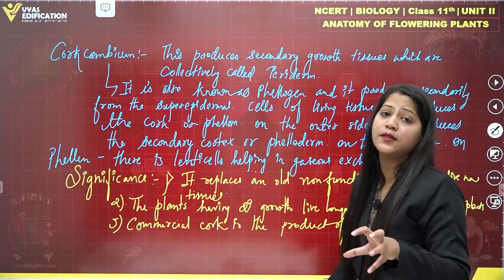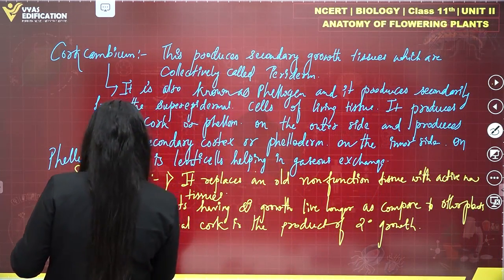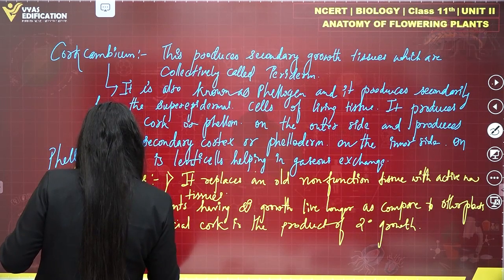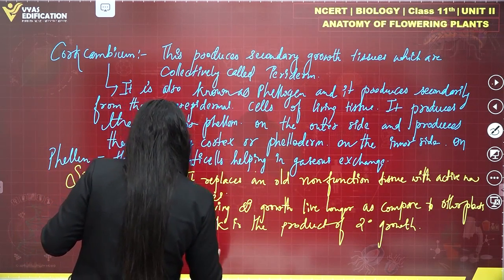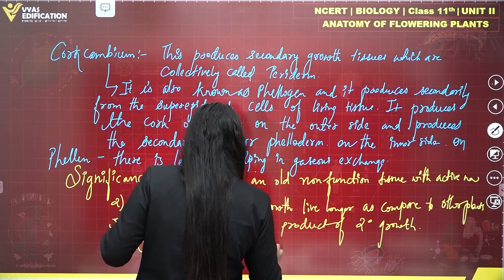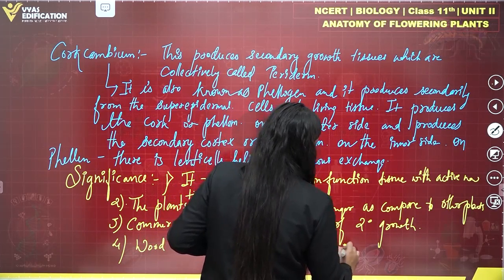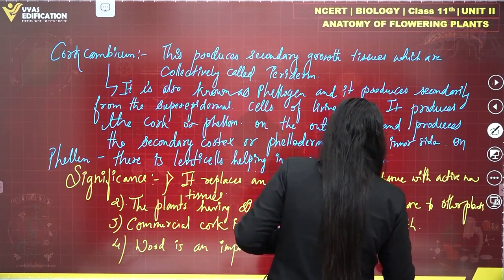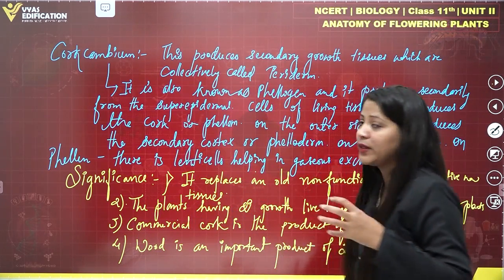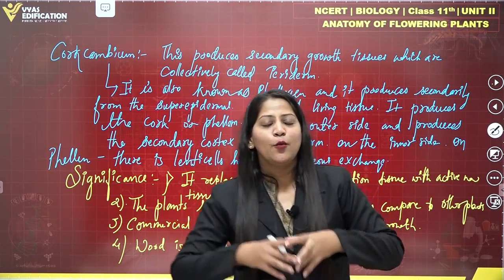Also the wood we get is also the product of the secondary growth. So this wood is an important product of secondary growth, right?